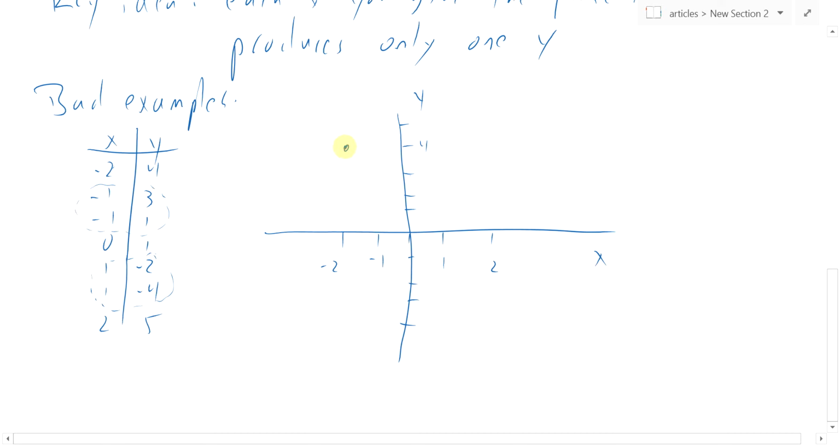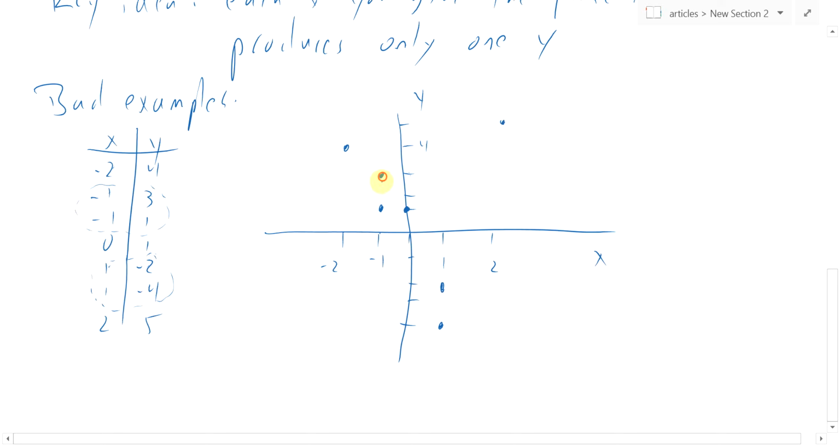There's a point. If x is minus 1, y could be 3, that would be this one. Or x could be 1, that would be that one. If x is 0, y has to be 1. If x is 1, then y is minus 2 or minus 4. And if x is 2, then y is 5.